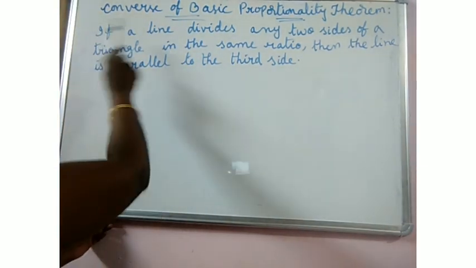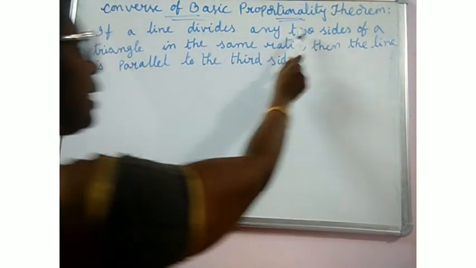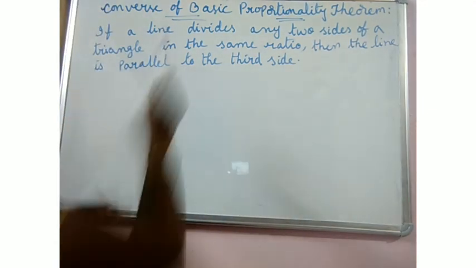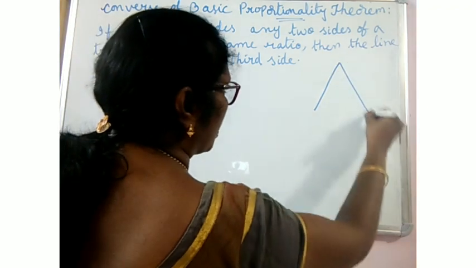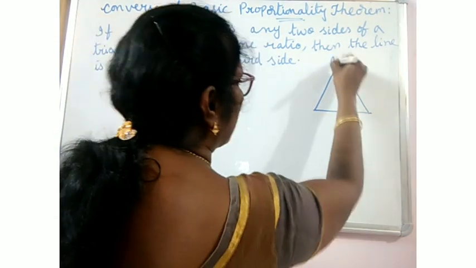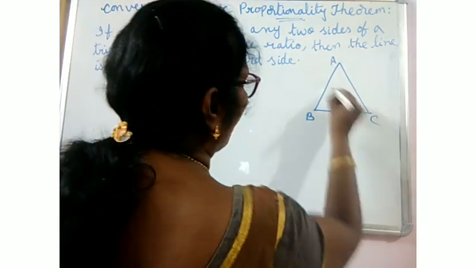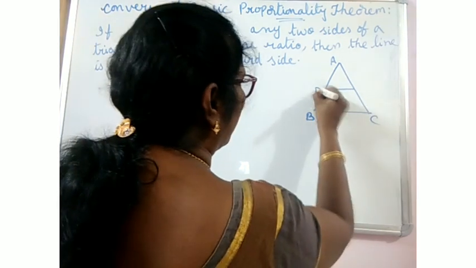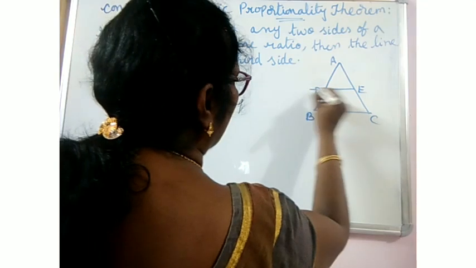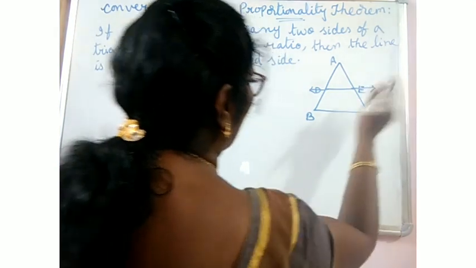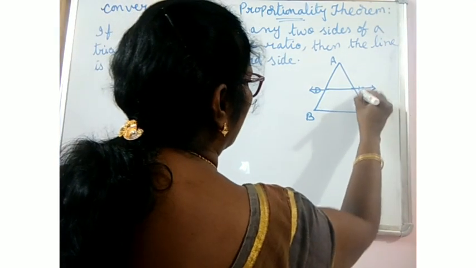If a line divides any two sides of a triangle in the same ratio, let me draw and show you. So this is triangle ABC, and this is DE.